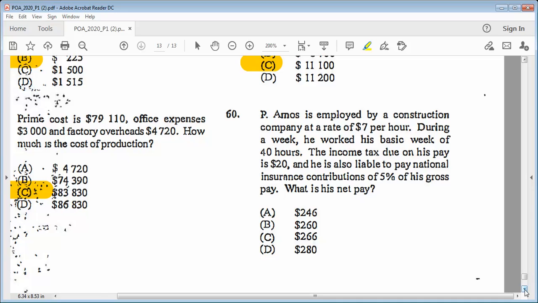So 5% of $280, which we worked as $7 times the 40 hours, we get $14. And then we subtract the $14 from the $260, we're left with $246. So that is his net pay that he would be taking home. A, $246.